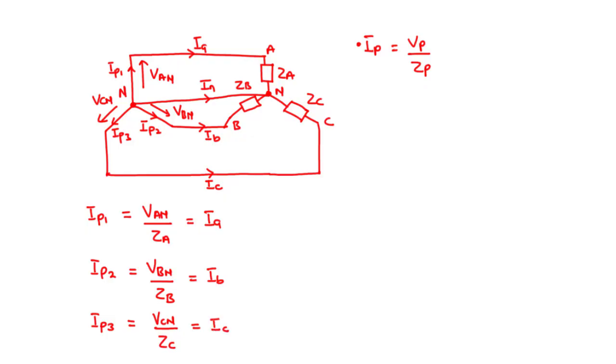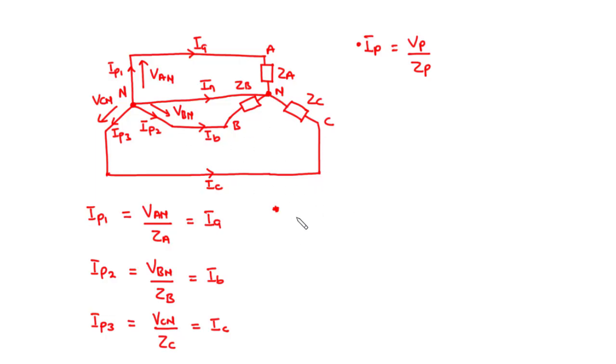Now to the value of current flowing through the neutral line. So how do we find the current In? We are going to apply KCL at the neutral point at the load. We have all the currents flowing in one direction to meet at this point.